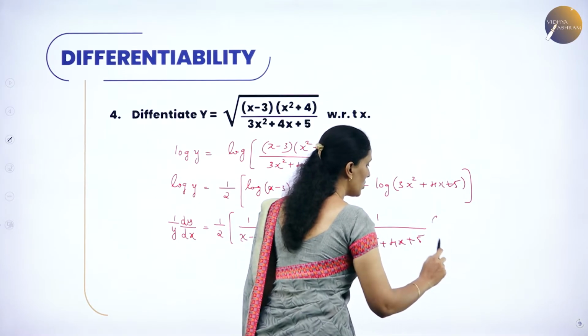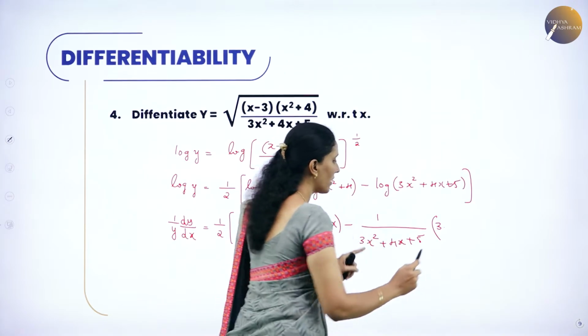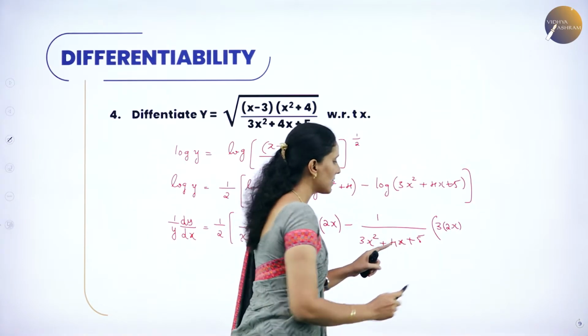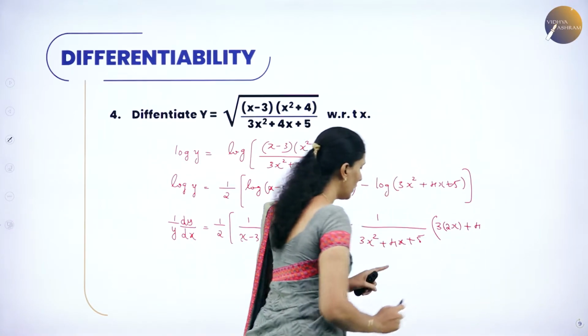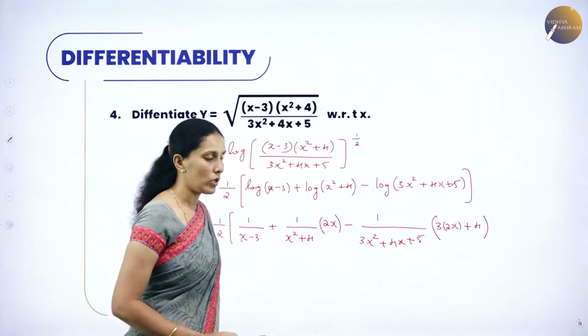Now let us differentiate 3x square. 3 is as it is, and differentiation of x square is 2x. So here we get 6x, plus 4 into the derivative of x, which is 1, plus 0 because 5 is purely constant there.